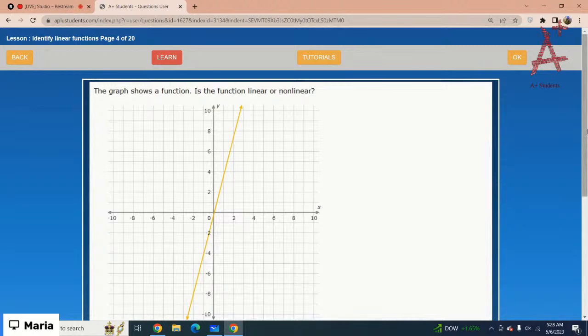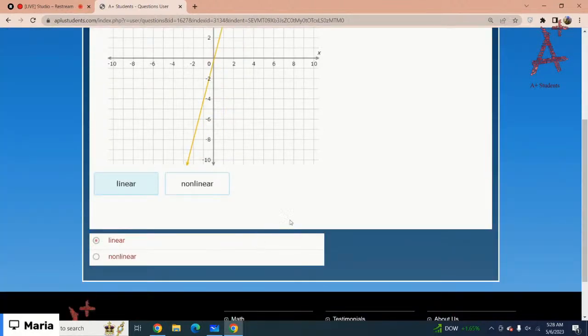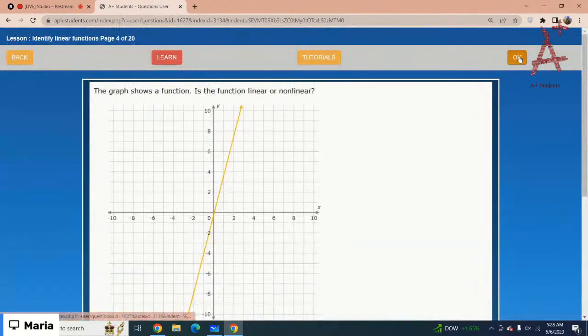Yes, this is the linear function. Okay, the graph shows a function. Is the function linear or non-linear? It would be non-linear function.